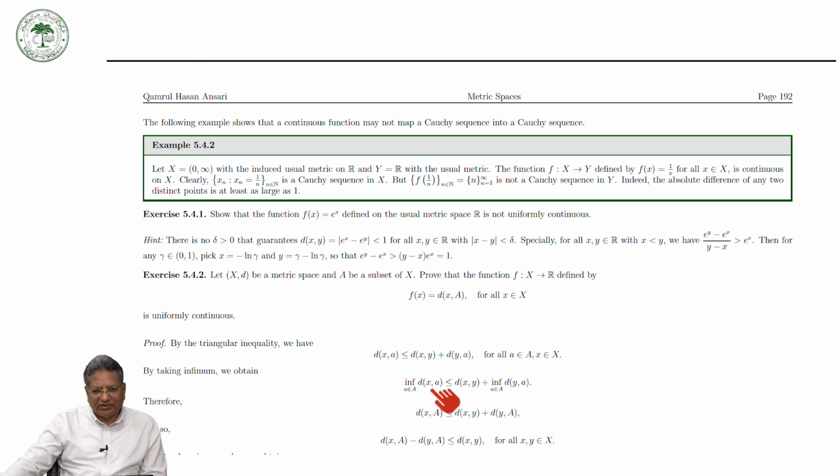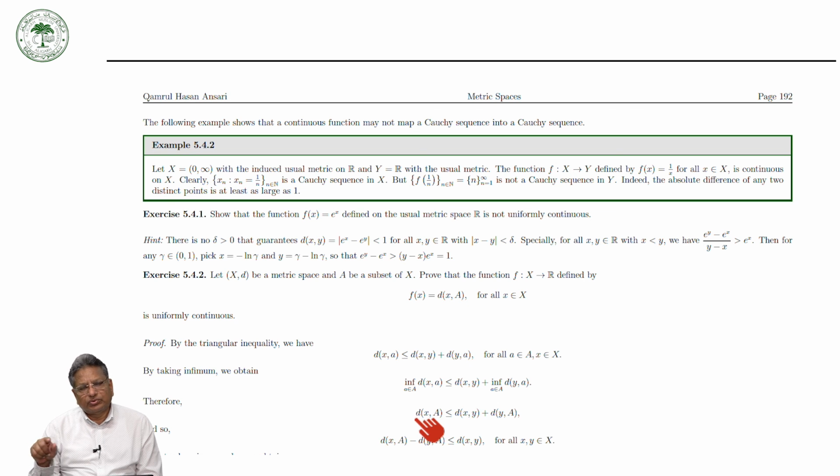By the definition, this is equal to d(x, A). Just to mention that sometimes we have written rho(x, A), the distance from a point x to the set A. Sometimes we have written d(x, A); it is the same as the distance from a point x to the set A. So rho(x, A) is the same as d(x, A). So this holds good.